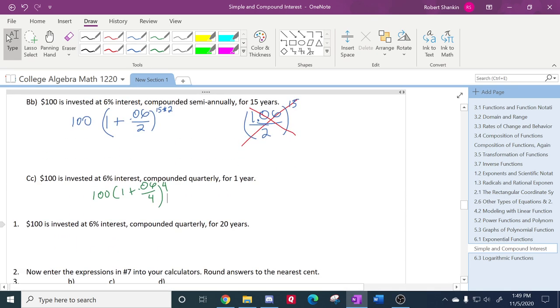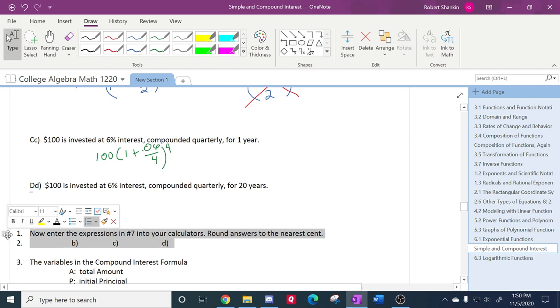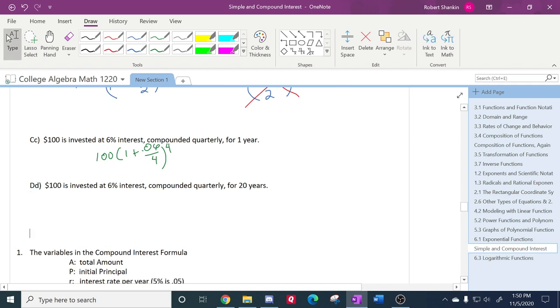Alright, so that was, and it's going to renumber all my stuff. Number 3. Oh no, this would be part D. So $100 invested at 6% interest, compounded quarterly for 20 years.